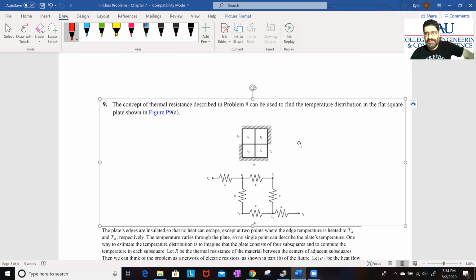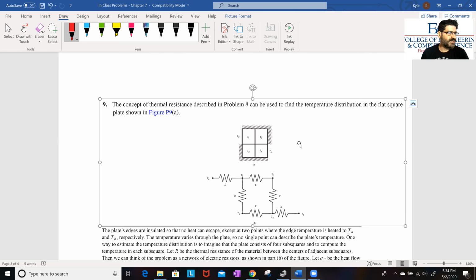So pretty much the same way we solve those loops inside the circuits, you can do the same thing when it comes to heat transfer. So nothing to it. I'm very sure most of you have already taken electric circuits, so it'll be very similar if you haven't taken heat transfer.